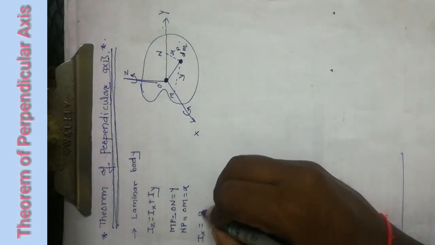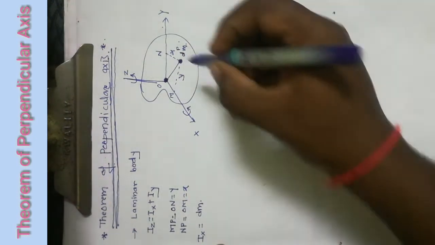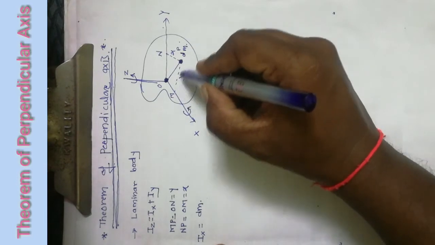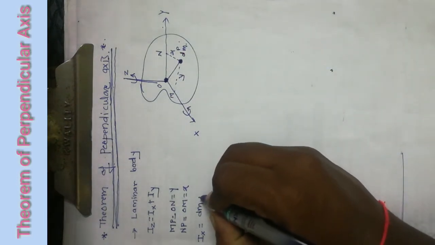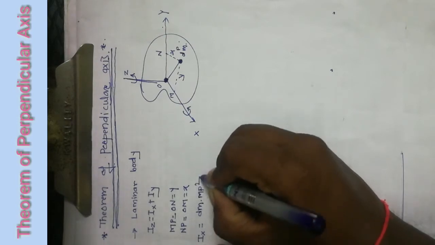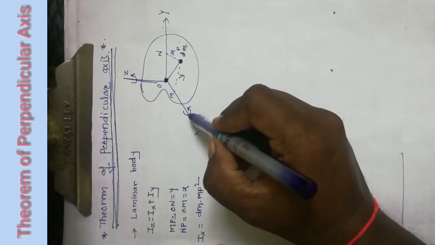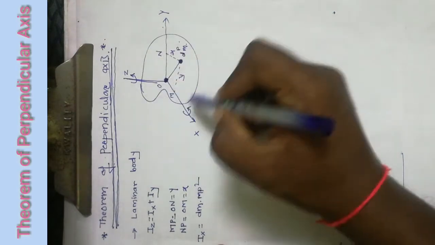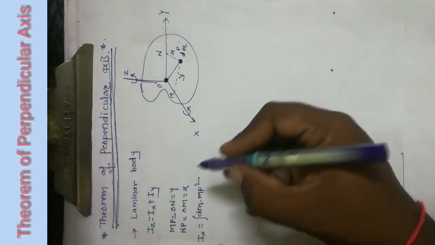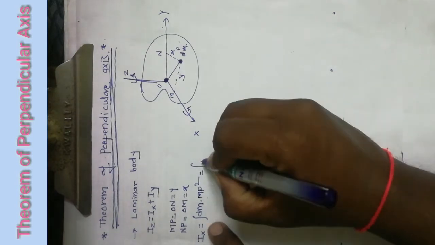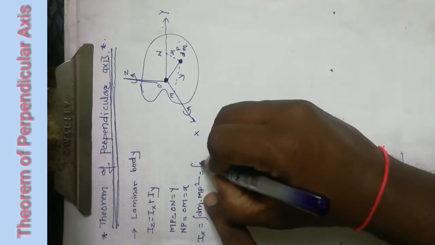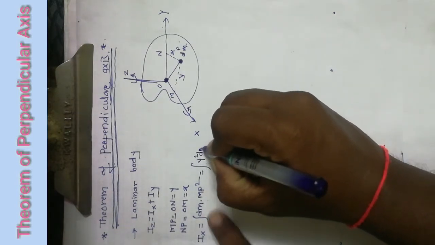That is dm for a single particle, into r square, here MP square. This is for a single particle. Suppose I need to find the moment of inertia about the entire body, I need to integrate this. So finally I have the integration of y square into dm, keeping dm as it is.